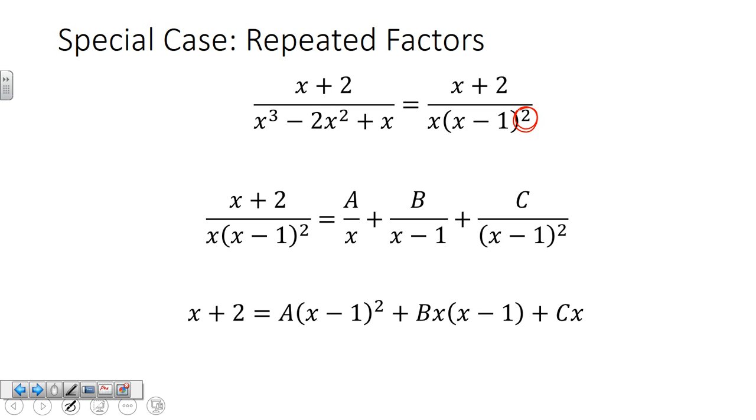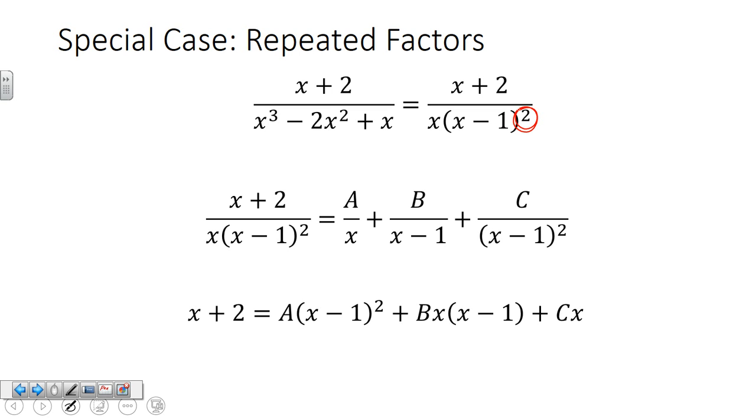Because I'm basically allowing for the possibility that this didn't just come as one fraction over x and one fraction over x minus 1 squared, but I'm allowing for this repeated factor, this square, to have occurred as x minus 1 in one fraction and x minus 1 squared in another fraction.